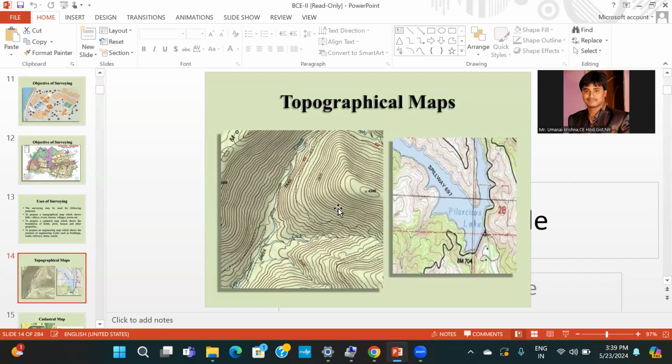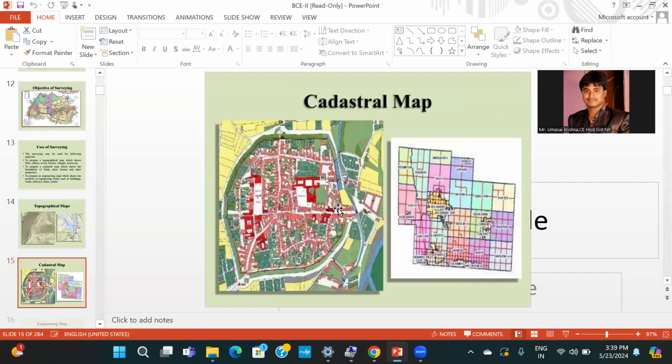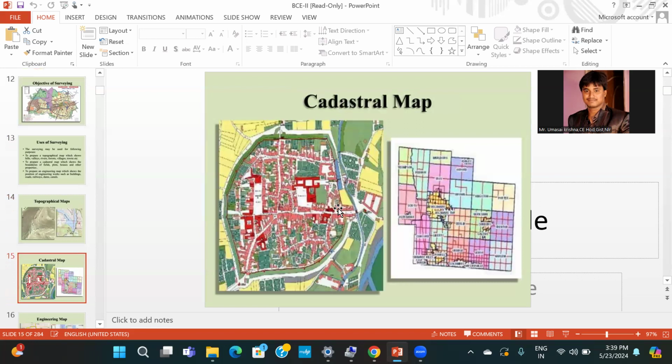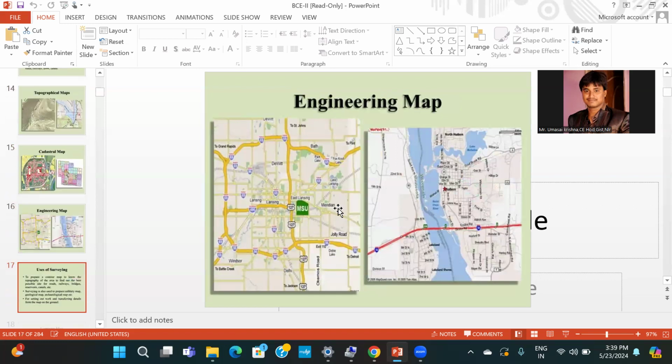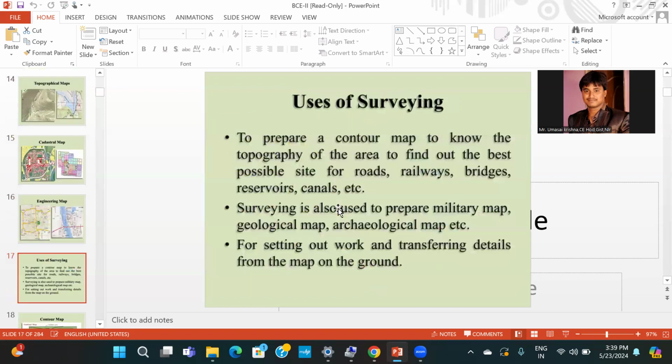Like that areas. And here you can see the cadastral map, and this is the engineering map, which we can see in Google Maps. So to prepare a contour map, surveying is useful. This contour map is used in areas like construction of roads, railways, and bridges.